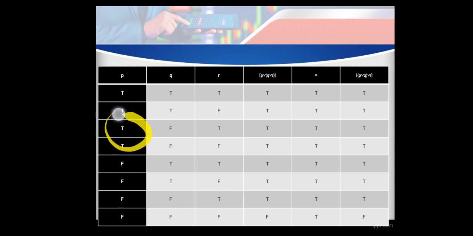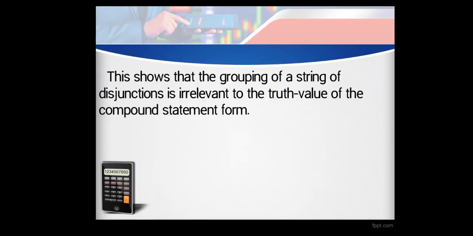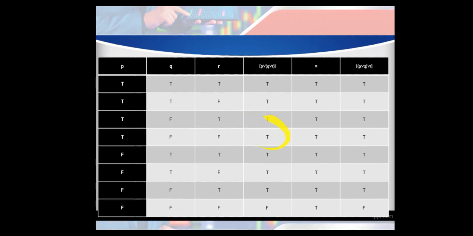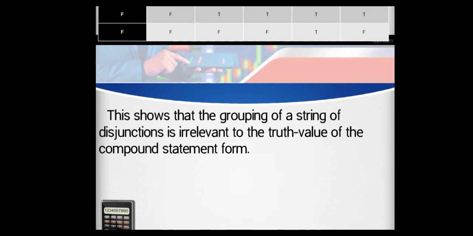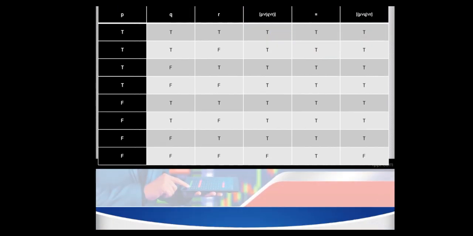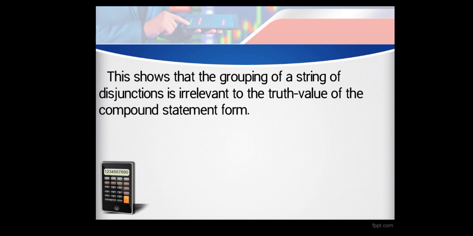So this one, if this one, F or T, so the answer is T because the maximum value is T. And P or R, T and T is equals to T. So that's why we have here T. And the answer of this one is also the answer of this one because they are equivalent. So that is for the association used by the disjunction.